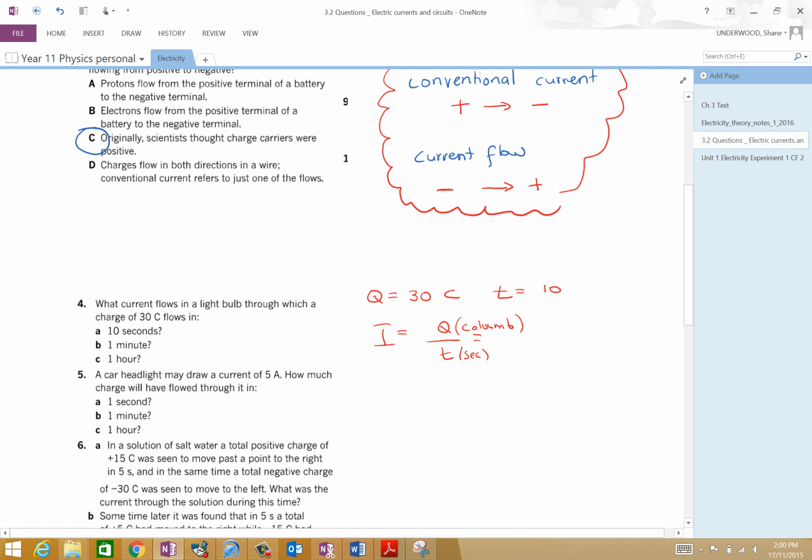So, because 1 amp is 1 coulomb per second of charge. Okay? So, therefore, we can say that the current for part A is 30 divided by 10, which is 3 amps. 1 minute is 30 divided by 60, which is 0.5 amps.